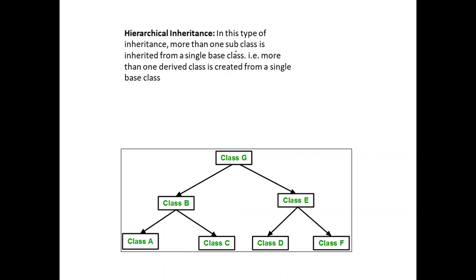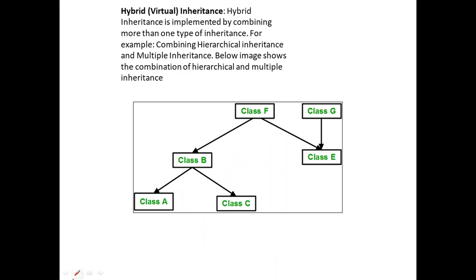Hierarchical inheritance means more than one subclass is inherited from a single base class. There is a single base class and two derived classes, and from these derived classes there are two more derived classes. Now there is hybrid, which is a combination, combining hierarchical inheritance and multiple inheritance.